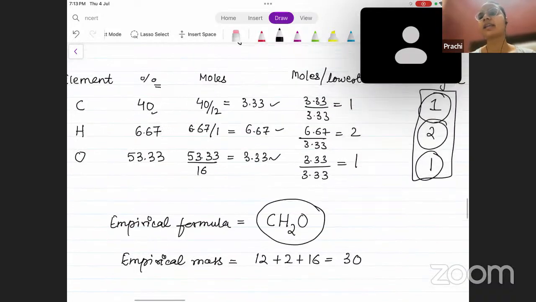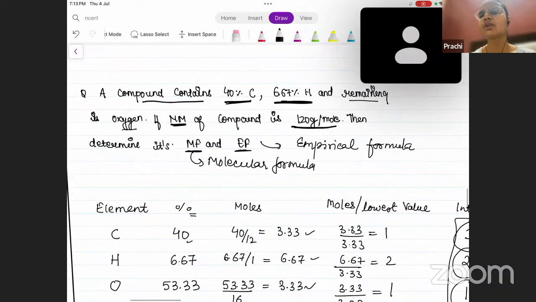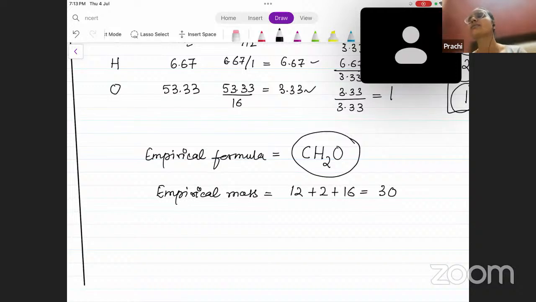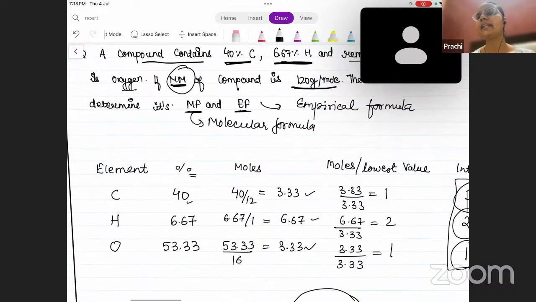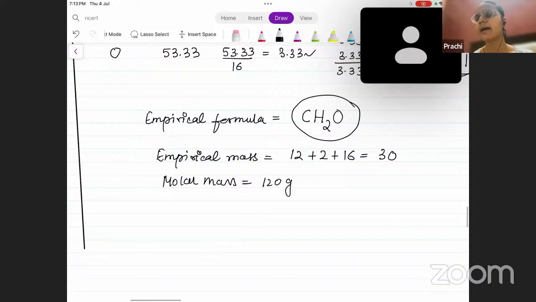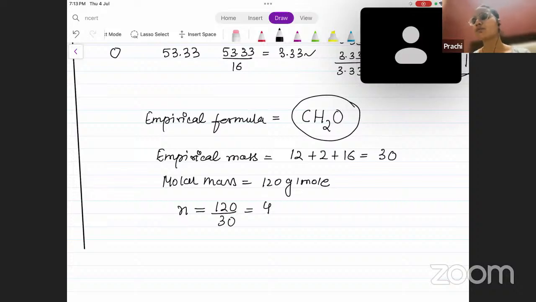Now let's come back to the question. Do we know the molar mass? Yes, we know the molar mass, or in other words, the molecular mass, which is 120 gram per mole. From here, I'll find the value of n, which is 120 divided by 30, equal to 4.